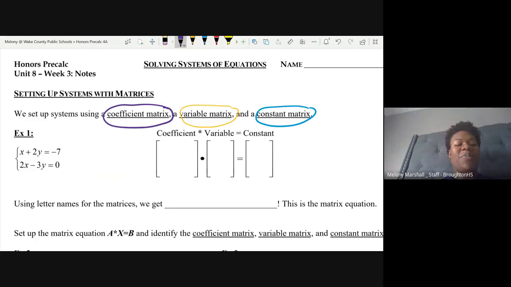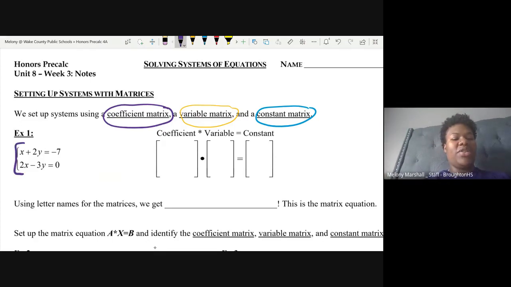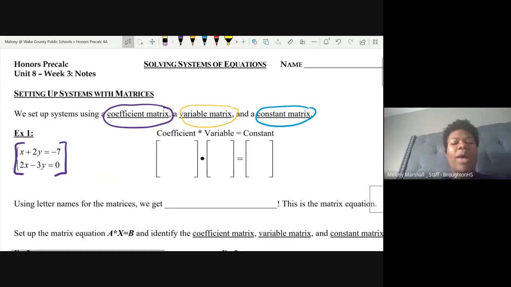So literally, this is your matrix type situation. You're just going to separate it into three separate matrices, but it should look essentially the same way as it looks right there. So what do I mean? We're going to separate the coefficients.